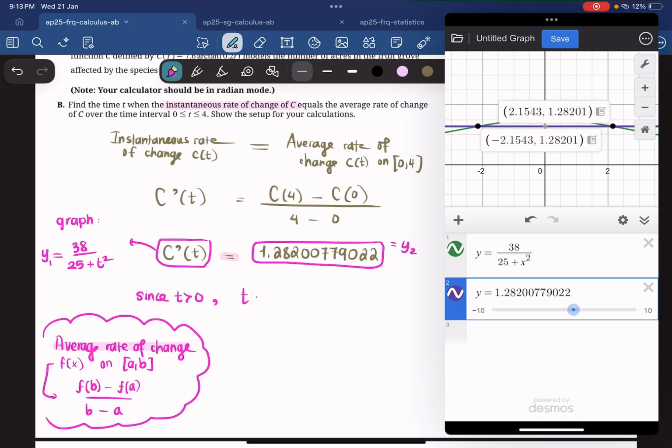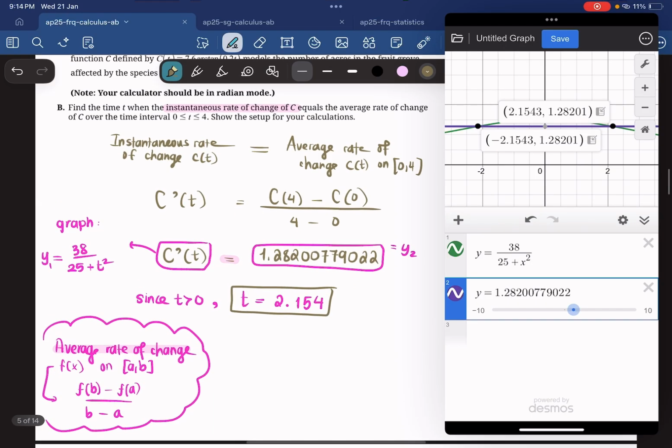Therefore, you get t equals 2.154 to 3 decimal places.